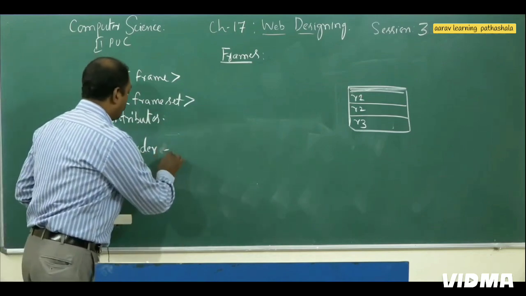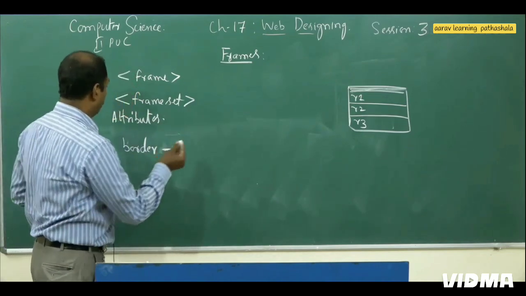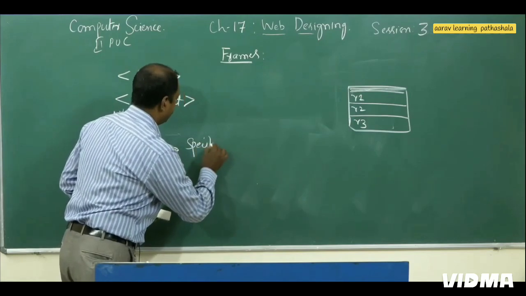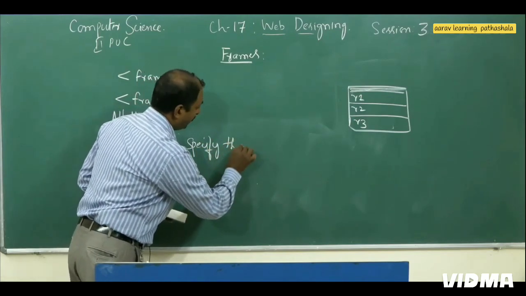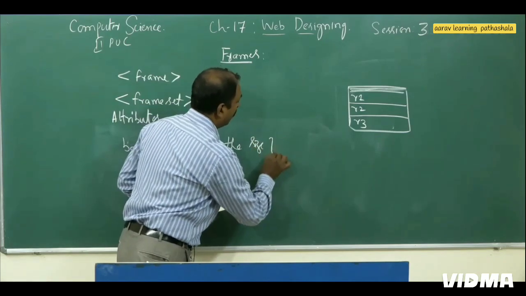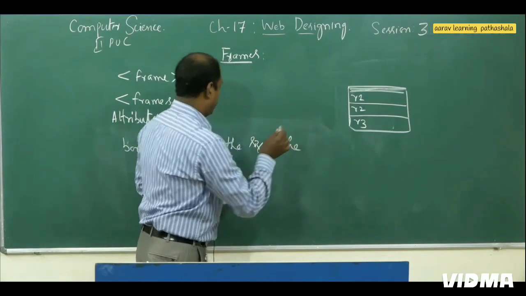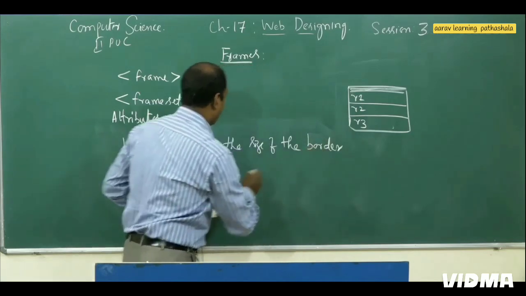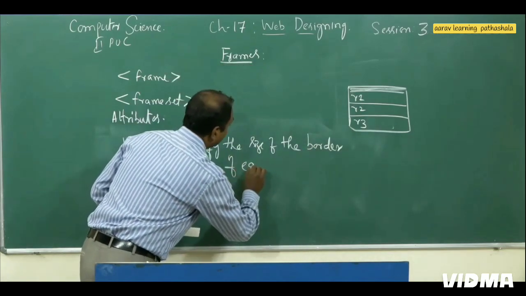The border attribute is used to specify the size of the border of each frame.